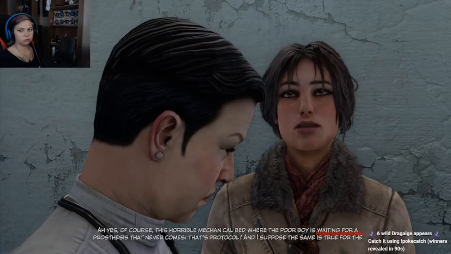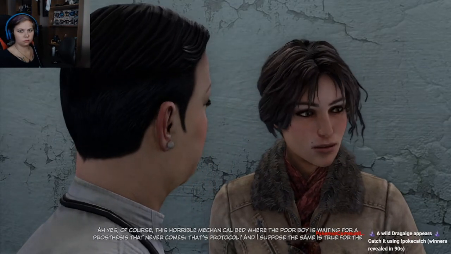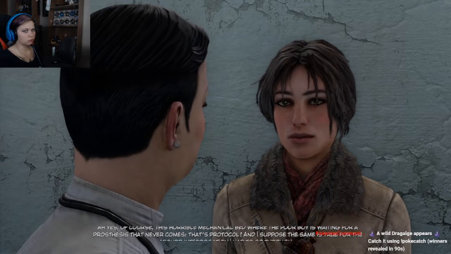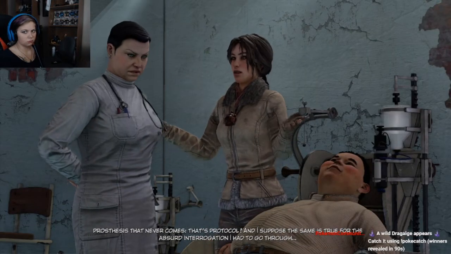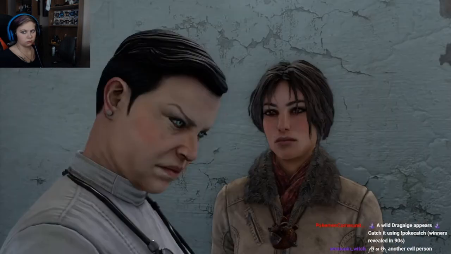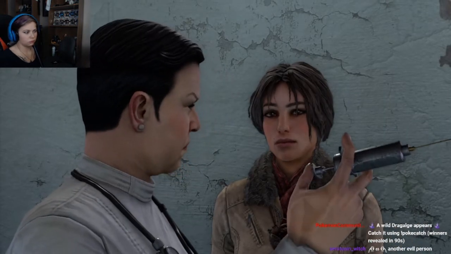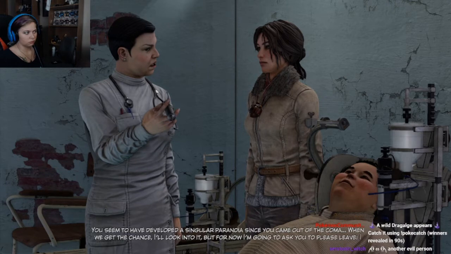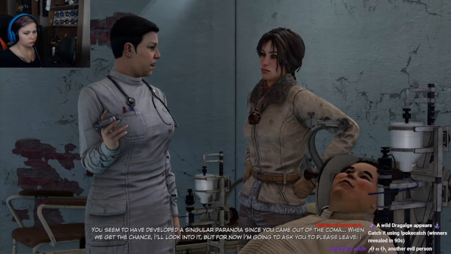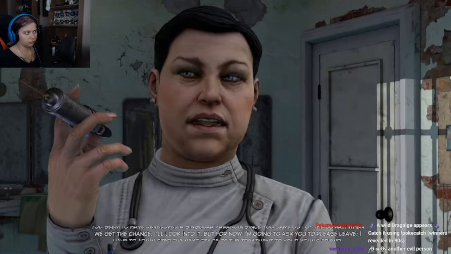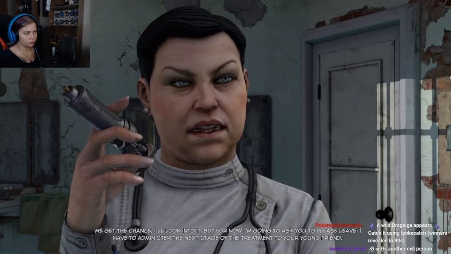Oh, you mean that horrible mechanical bed where that poor boy is waiting for a prosthesis that never comes? That's protocol? And I suppose the same is true for the absurd interrogation I had to go through. You seem to have developed a singular paranoia since you came out of the coma. When we get the chance, I'll look into it. But for now, I'm going to ask you to please leave.